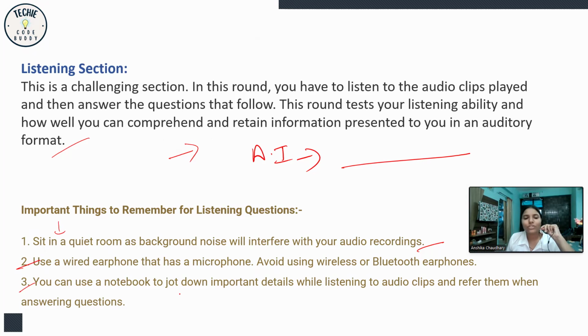The third is that you can use a notebook to jot down important details while listening to audio clips and refer to them when answering questions. See guys, if you are not good at retaining things even for 30 seconds, you can jot down the topics. But because I have seen the screen recording of the actual exam, I would not recommend jotting down, because the AI is speaking, and if you take the time to jot things down, you will miss the next thing the AI says, because it will not repeat.